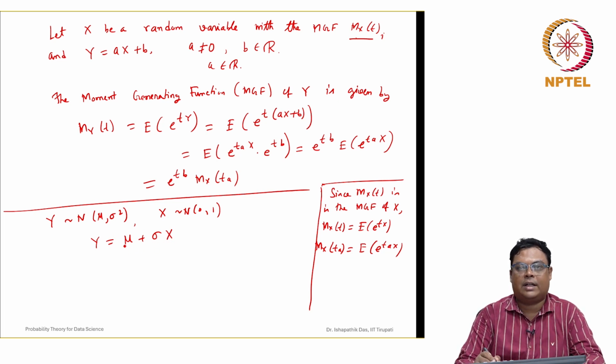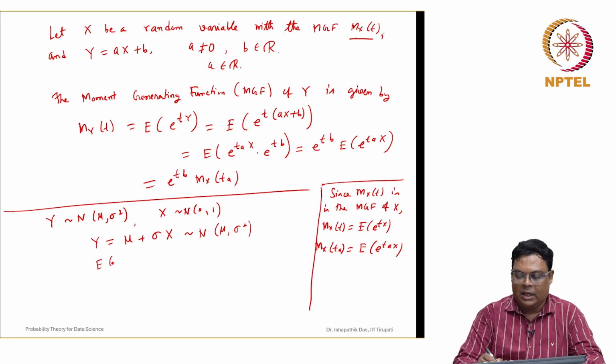Earlier, when we discussed the normal distribution part, we saw that any linear combination of a normal distribution is again a normal distribution. So now it will be a normal distribution; we just have to find the mean and variance.